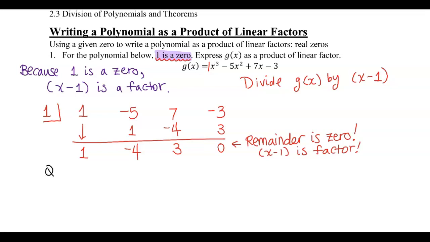Let me write the quotient. Notice we divided x to the third power by x to the first power, so the degree is going to be x squared. So 1x squared minus 4x plus 3. Guys, that's the quotient. So what we got is this is a quadratic factor.